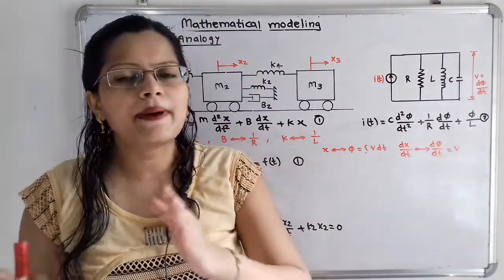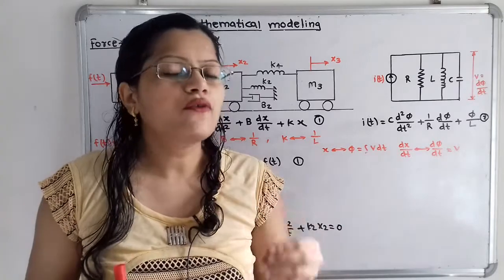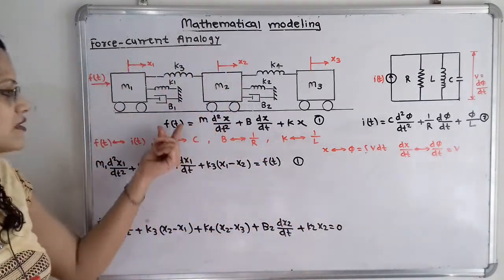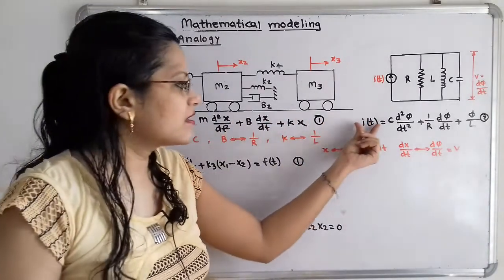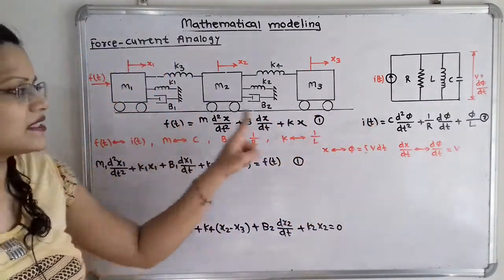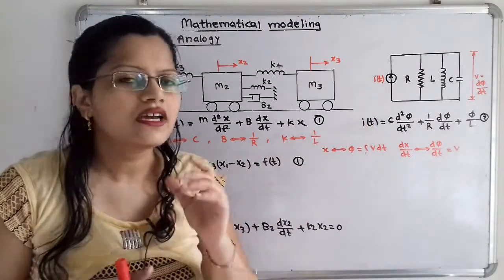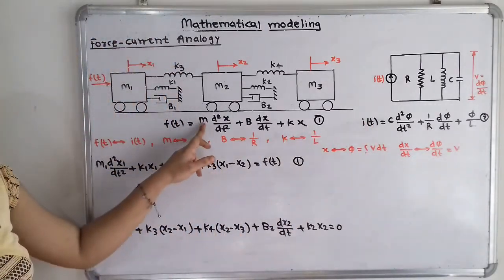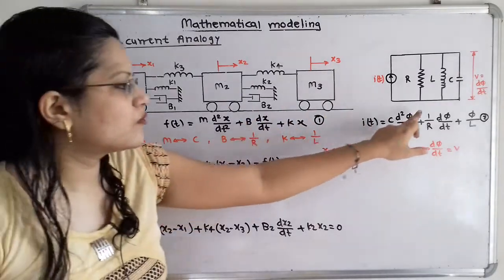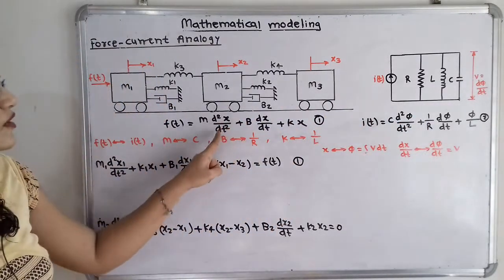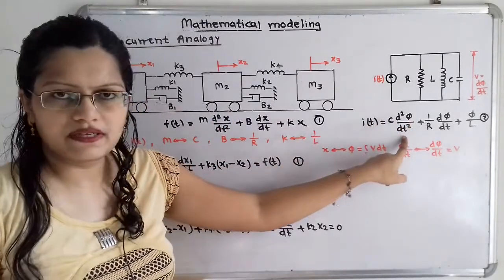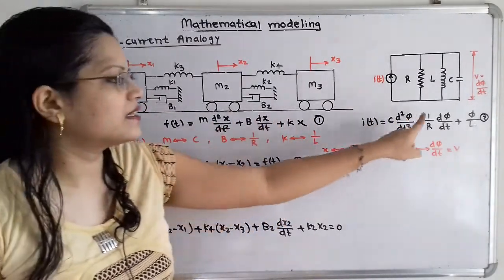Now we will compare these two equations. The question is the force-current analogy. Force is the input here and current is the input there. If we consider these elements analogous to each other, then M is analogous to C, B is analogous to 1 by R, because we observe the coefficients of d square x by dt square versus d square phi by dt square, then dx by dt versus d phi by dt.